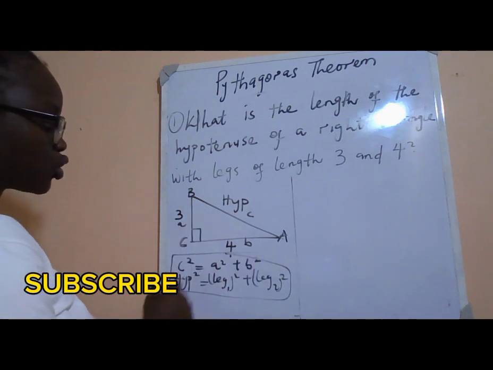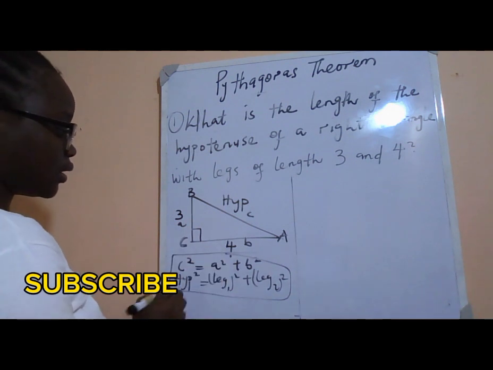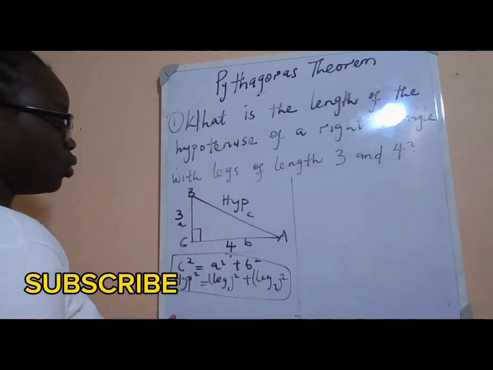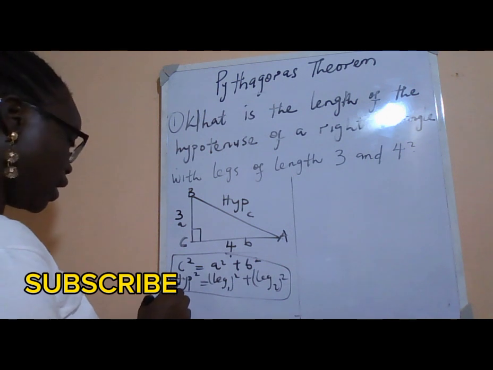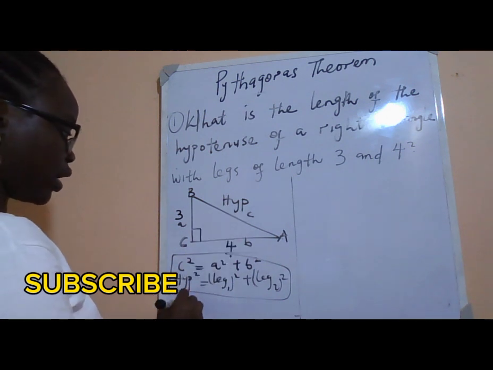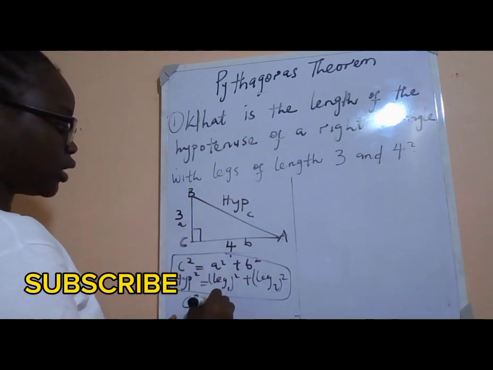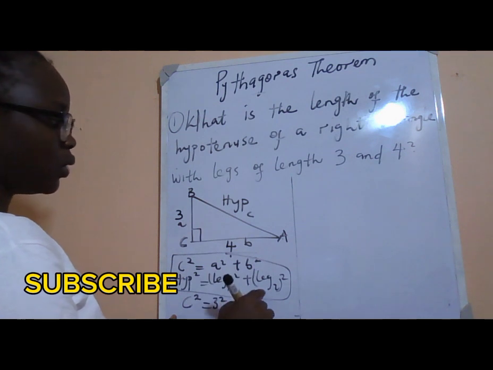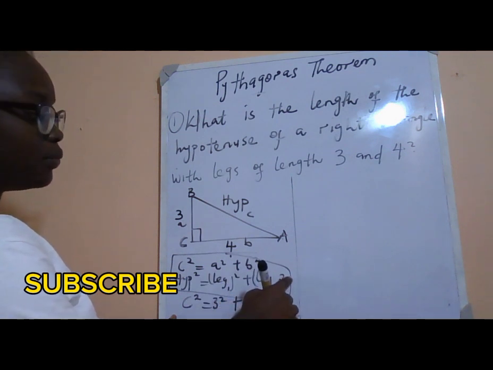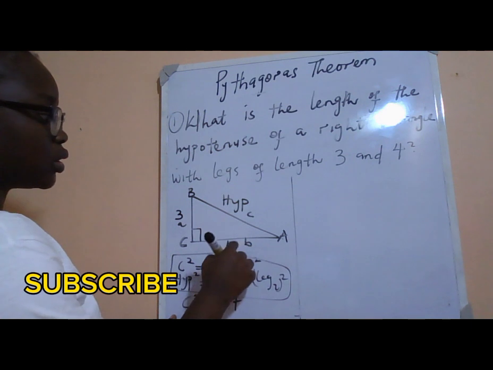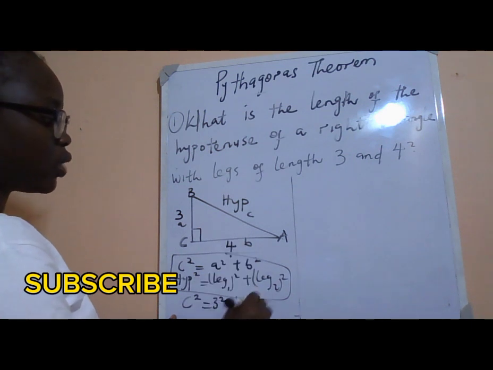All you need to do is to substitute into this given law or formula. What is the hypotenuse? Our hypotenuse is c squared, which we do not know. Then the a squared, or the first leg, is 3 squared, plus the leg 2, or the b squared, which is 4 squared.